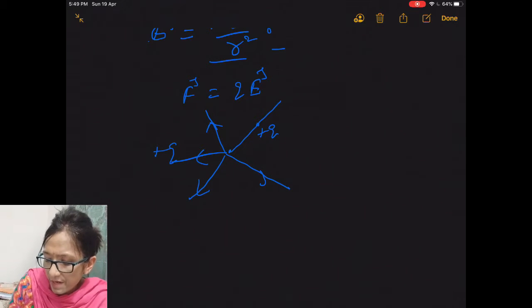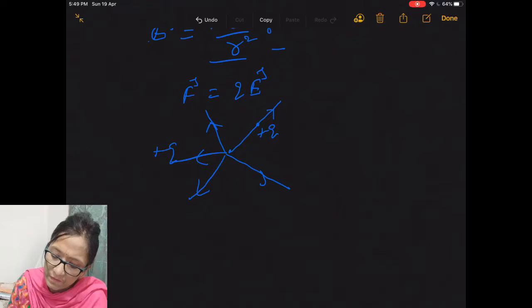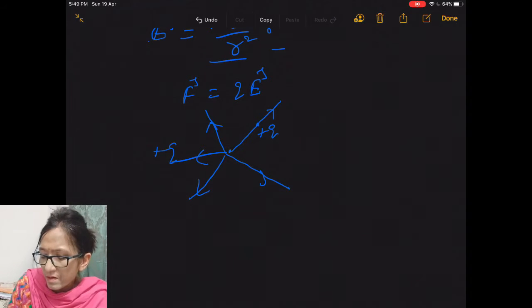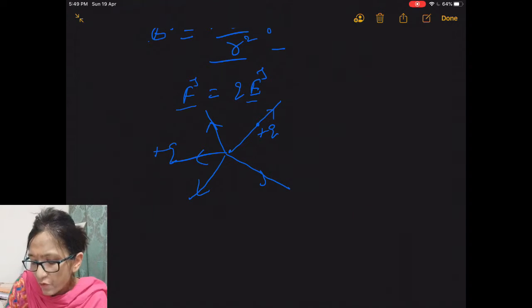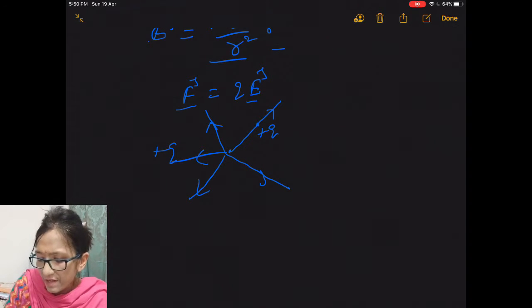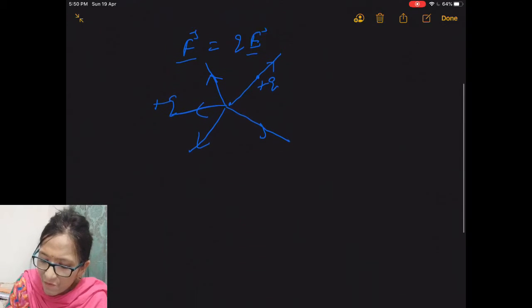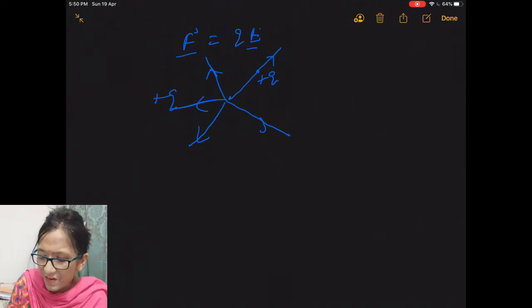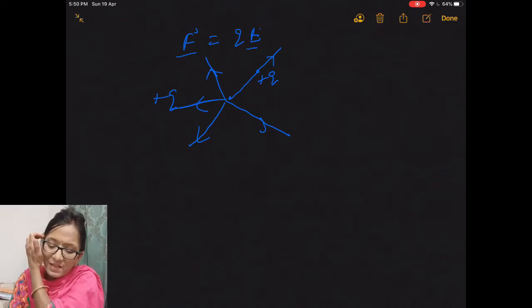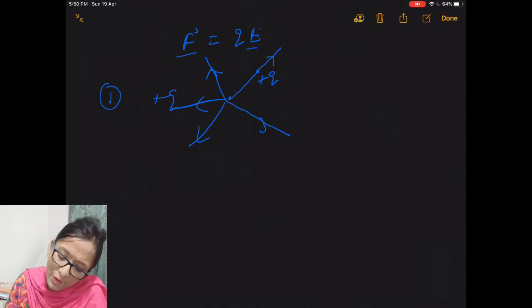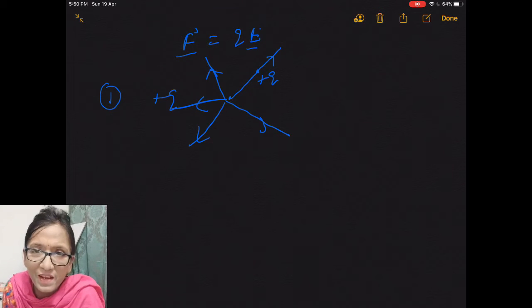This means that whenever you place a positive charge at any point on these lines, it will be accelerated along the outward direction. It experiences a force along this outward direction, and the direction of force is the same as the direction of field. So this is a very good way to represent the direction of electric field.